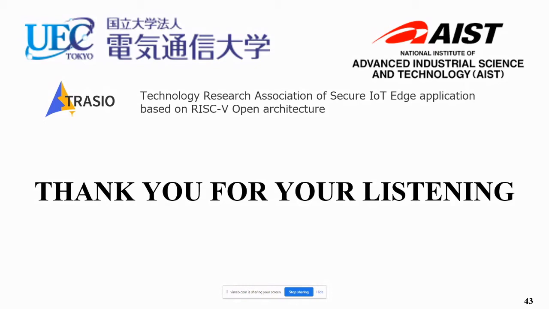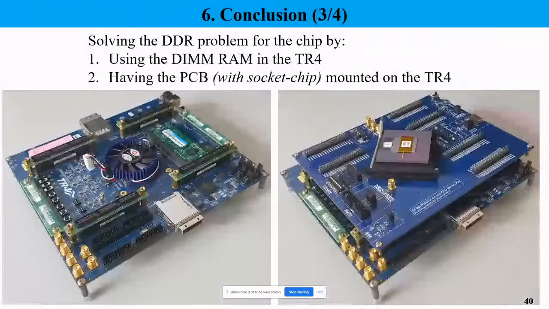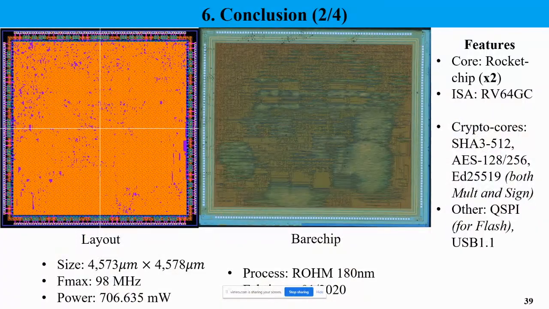So, okay, I have a question. You taped out a 2 Rocket core version, right? So do you also plan a hybrid core combination with BOOM and Rocket, or BOOM version 1, version 2, version 3?